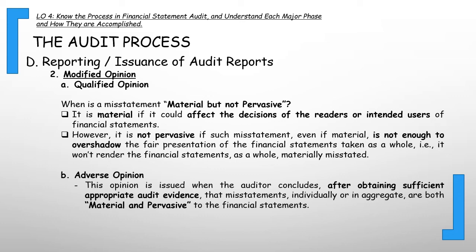So, remember, you should have an evidence that the financial statements as a whole are misleading. So, yun yun sa adverse. Then, pwede ka lang mag-issue ng adverse kung meron kang evidence. Okay? And such misstatements should be material and pervasive. Okay? So, mamaya, magbibigay tayo ng example ng material and pervasive misstatements.